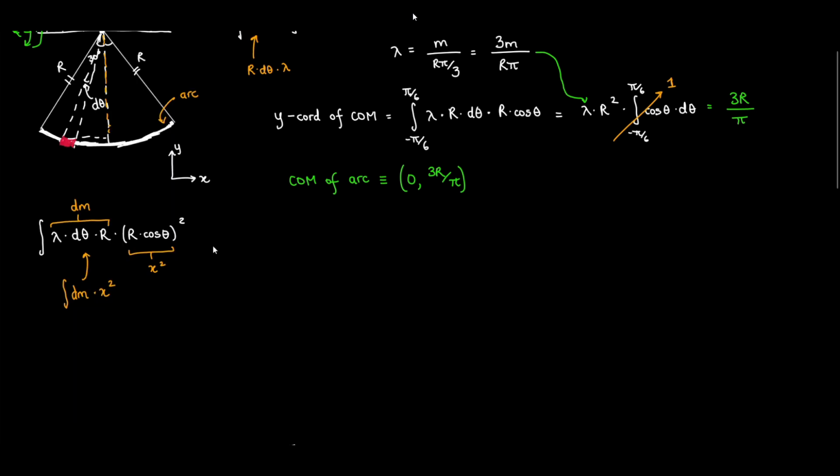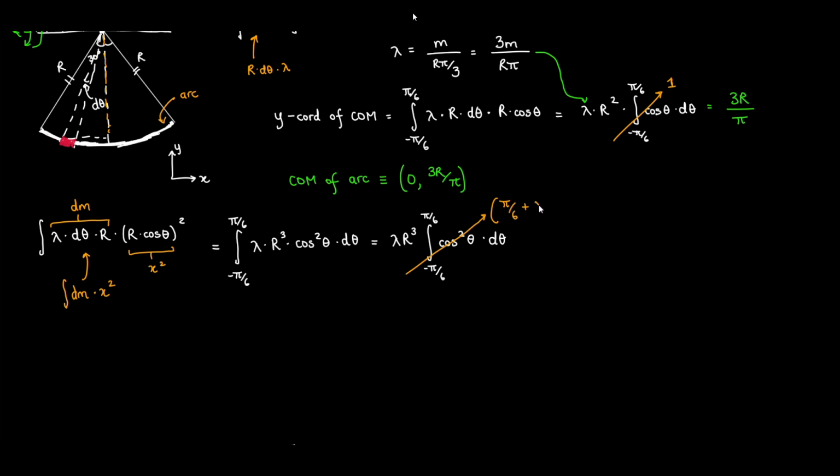So let's write this in its complete form, which is equal to integral of minus pi by 6 to pi by 6 of lambda into r cube into cos square theta into d theta. Taking the constants outside, this will be equal to lambda into r cube into integral of minus pi by 6 to pi by 6 of cos square theta this time. So if we calculate the integral of cos square theta from minus pi by 6 to pi by 6, it comes out to be pi by 6 plus root 3 by 4.